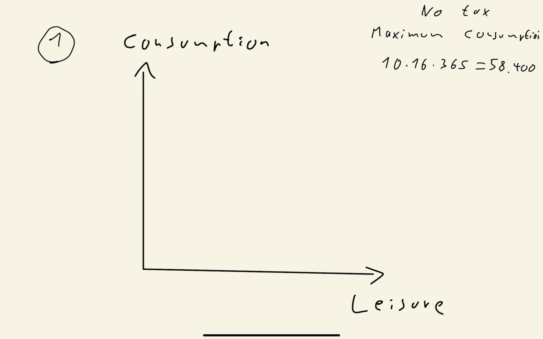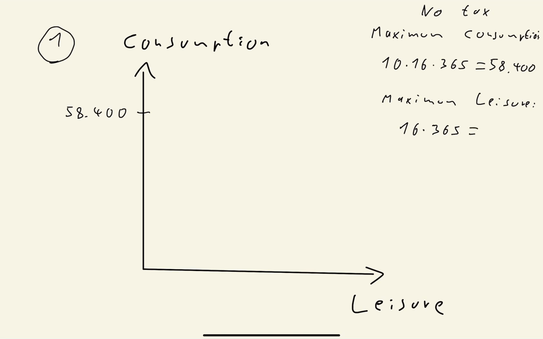Let's put it somewhere here: 58,400. This is the intercept with respect to the y-axis, so with respect to consumption. On the other hand, maximum leisure is given by us not working at all, just enjoying leisure, which we can do 16 hours per day times the number of days in a year, 365.